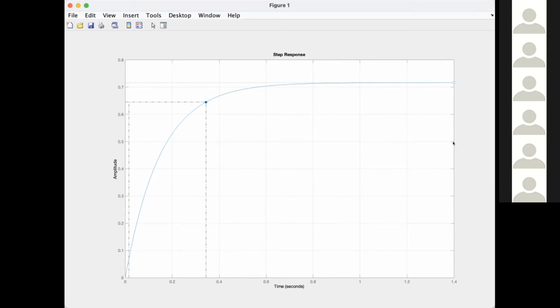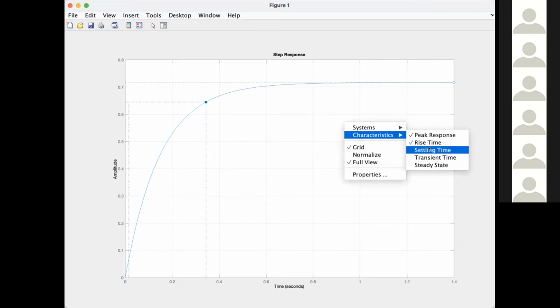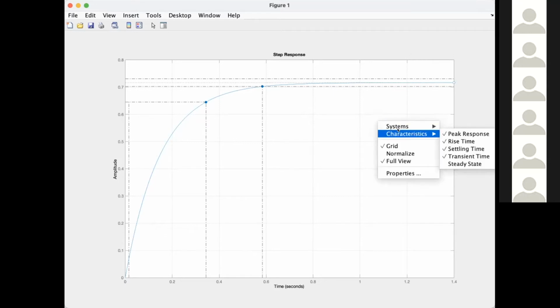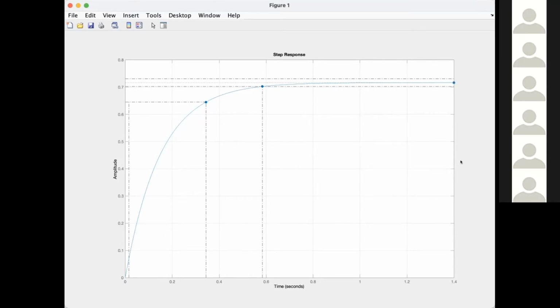Rise time, settling time, transient time, steady state. Right click. Rise time, settling time, but time constant is not there. How do we find it?